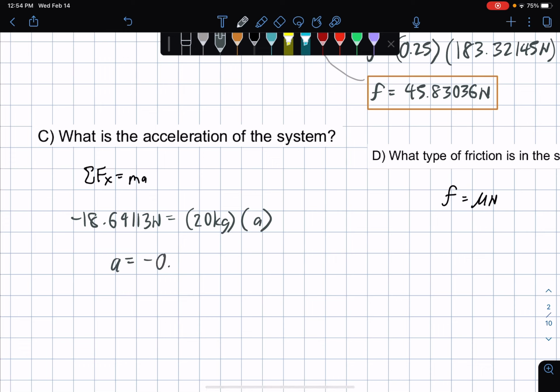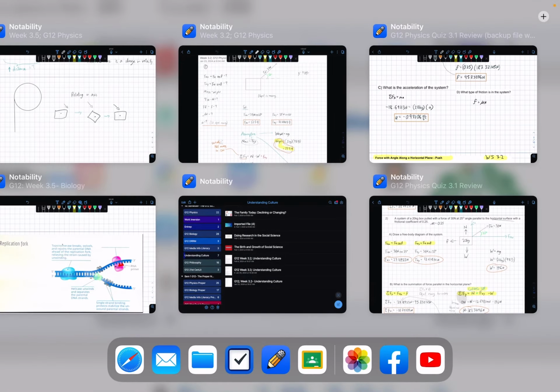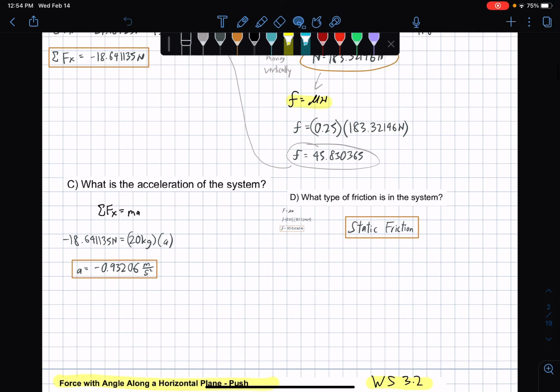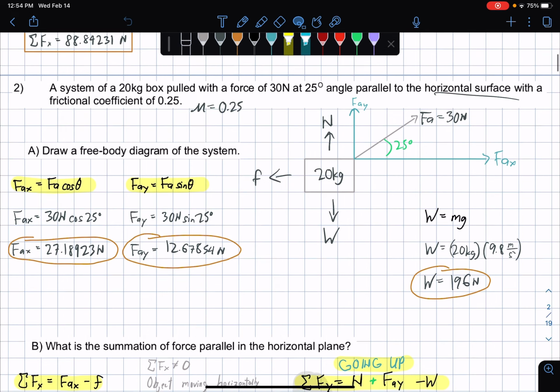So we have negative 0.93206. And then the unit for acceleration is meters per second squared. What does it mean to have a negative acceleration? In certain cases, it means deceleration or decreasing of acceleration, which I'm not sure about.